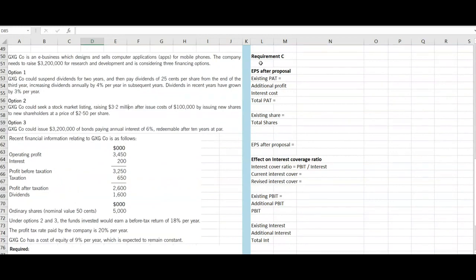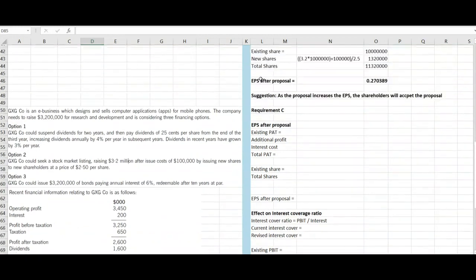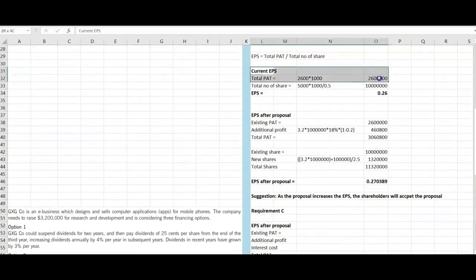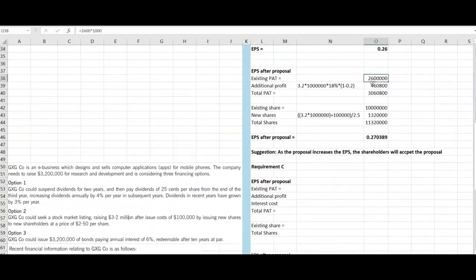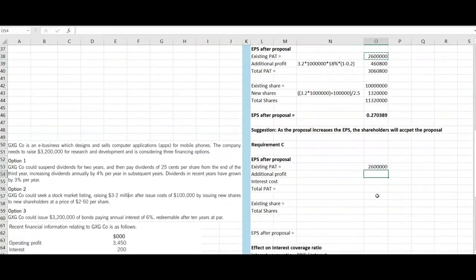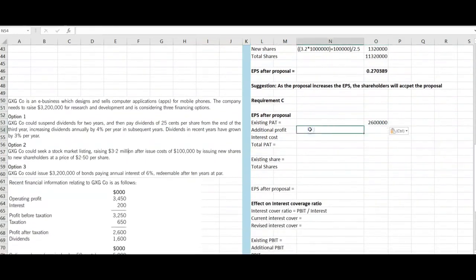So we'll start. For doing this, we have already done the current EPS. Okay, that comes to 0.26. But what we want is the EPS after this proposal. So we'll start from the existing PAT. So existing PAT we already have, that we'll take. What is the additional profit that we'll make here?